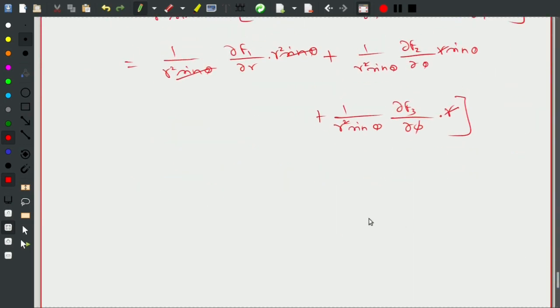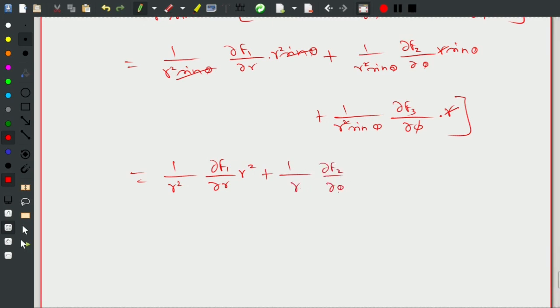So finally we have 1 by r square dou f1 by dou r of r square, plus 1 by r sine theta dou by dou theta of f2 sine theta, plus 1 by r sine theta dou f3 by dou phi.